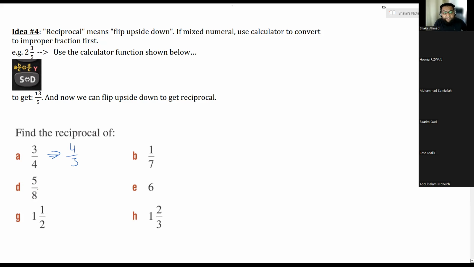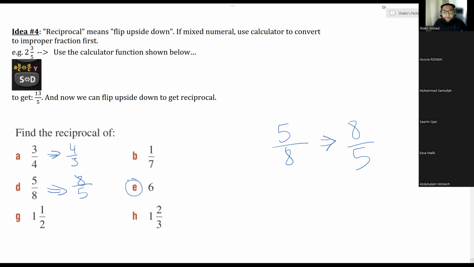All right, so the reciprocal of 5/8 is 8/5. Now it's important I can't write equals 8/5 because I'm answering the question, and a lot of students think, oh, hey, I have to write equals here because the answer of this is 8/5. That's wrong. 5/8 is not 8/5. That's why I'm being careful to draw an arrow. I'm saying 5/8 becomes 8/5 once you find the reciprocal. You flip it upside down.